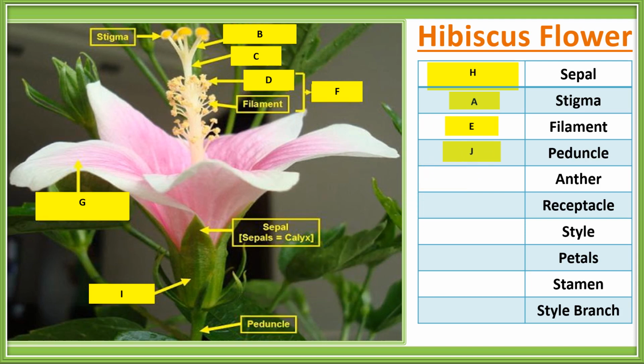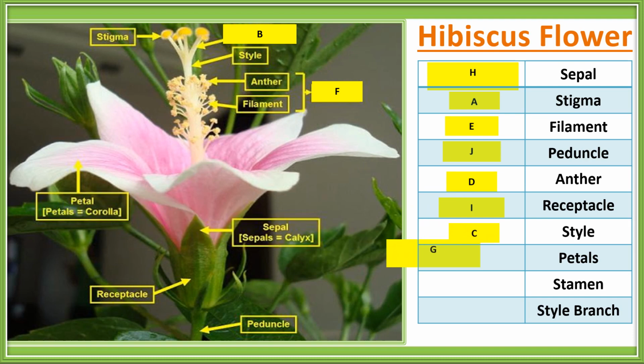J is the pedicle. Anther. D is the anther. Receptacle. The receptacle there. We have the style. Petals. Stamen. And the style branch.